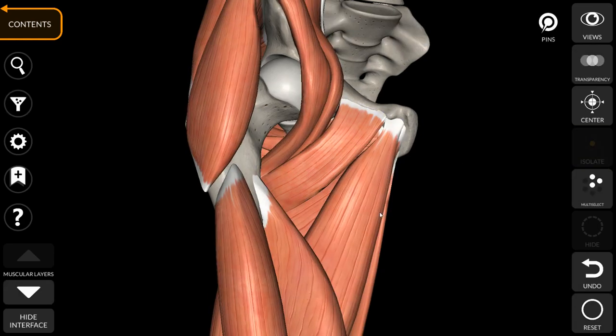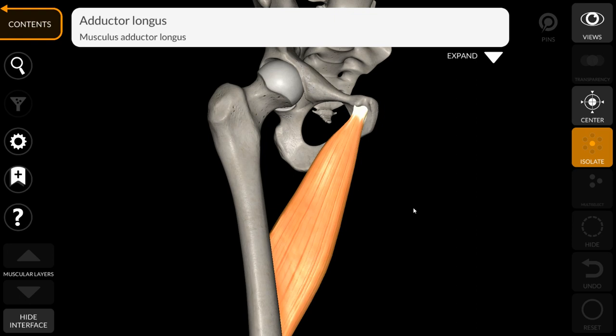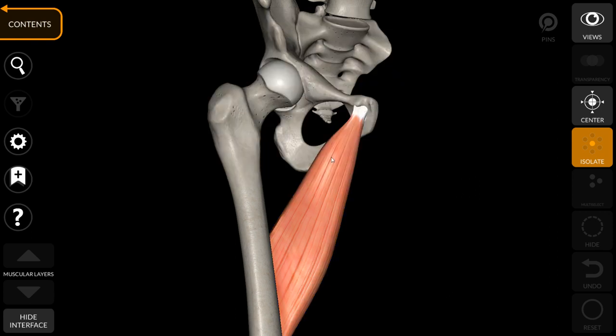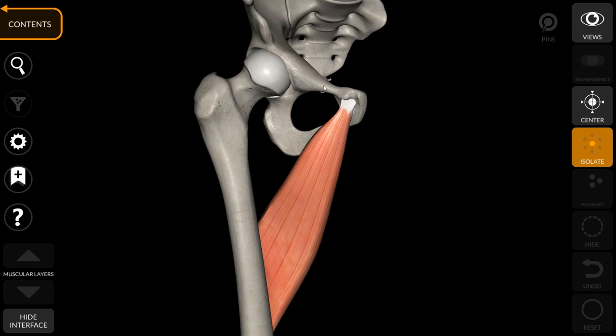Number two, we have adductor longus. Where does it originate from? Again this is the superior ramus of pubis, because this is the body of pubis.